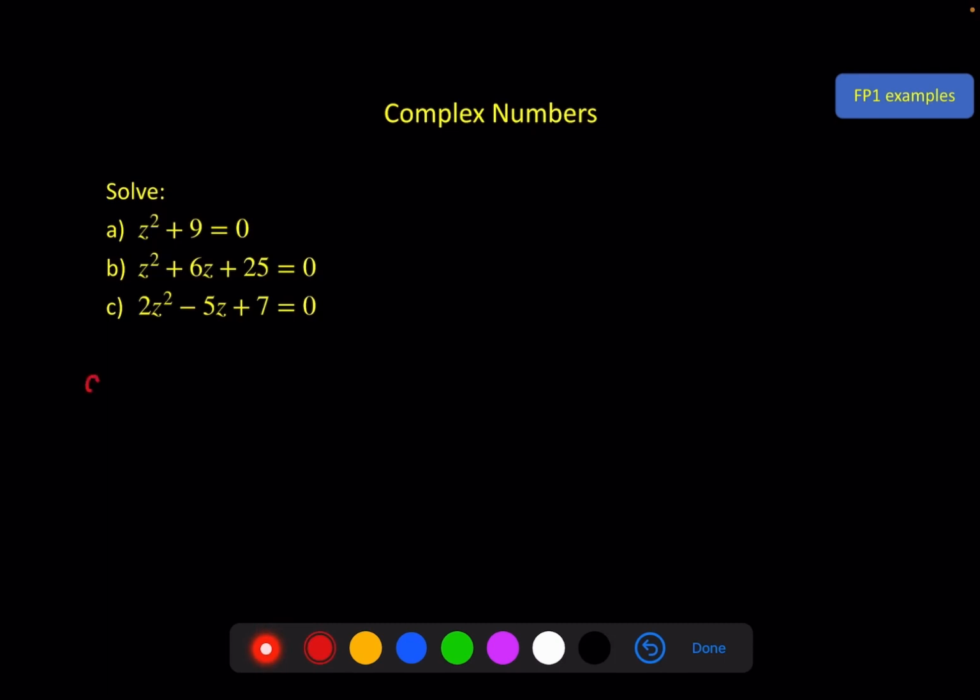So part A, we can just rearrange this. And we now know that the square root of minus 9 is 3i. So my two solutions are plus or minus 3i. For part B, I'm going to use the quadratic formula.